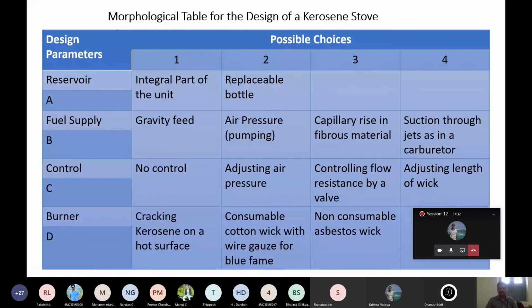This we discussed in the previous class, kerosene stove. Here you have chosen 4 parameters: reservoir, fuel supply, control, burner. Here which are the dependent parameters and which are the independent parameters? Or all 4 parameters are completely independent?